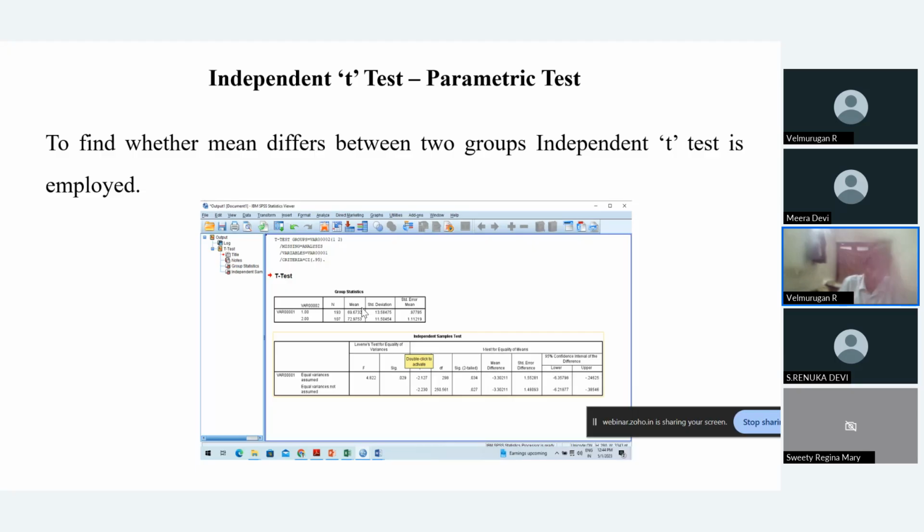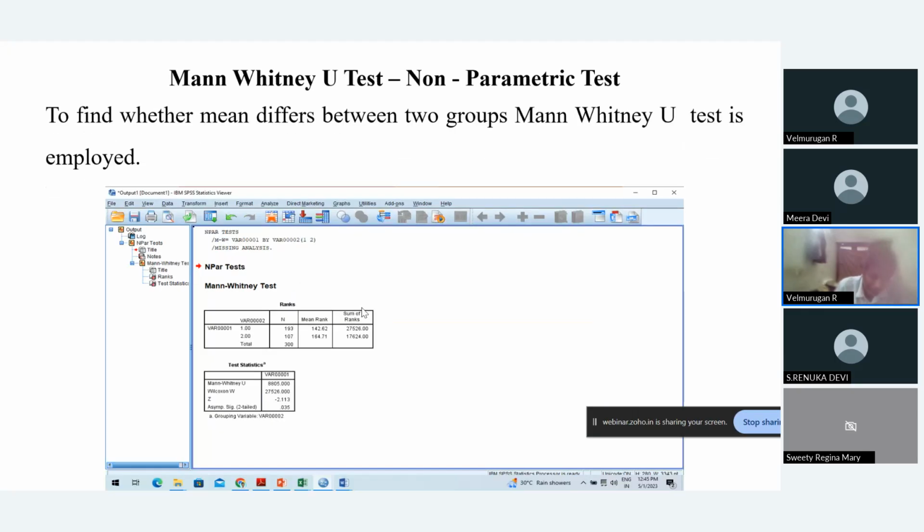Suppose the population is not normally distributed. The equivalent non-parametric test is the Mann-Whitney U test, for the same purpose. The independent t-test and the Mann-Whitney U test have one and the same purpose: to find whether the mean differs between two groups.